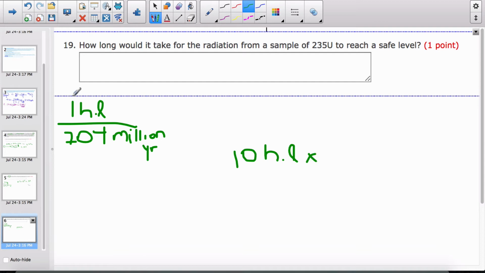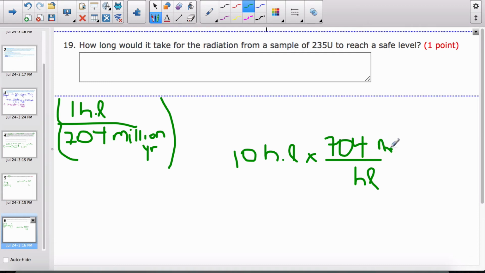Then I'm going to use this equality. Of course, I have to flip it so that half-lives is at the bottom and 704 million years is at the top. So you already know what that is. I won't have to tell you the answer.